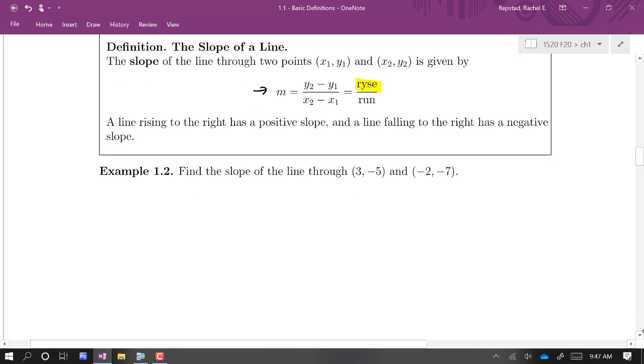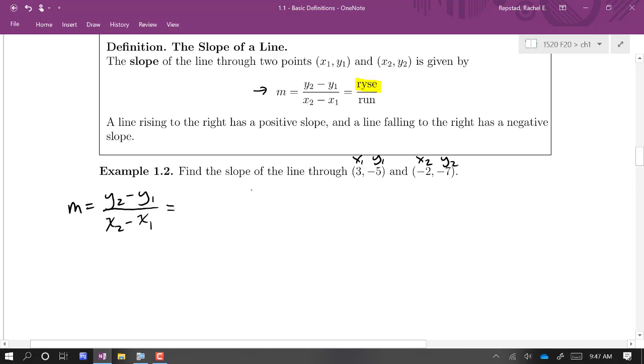Let's find the slope of the line that goes through these points. Again, I'm going to start just by writing out the formula, and then picking one of these points. I'll just pick the first one to be my x1, y1, and the second point will be my x2, y2.